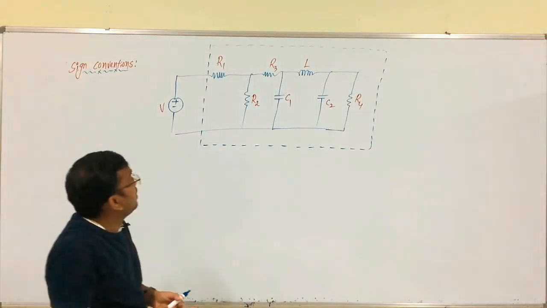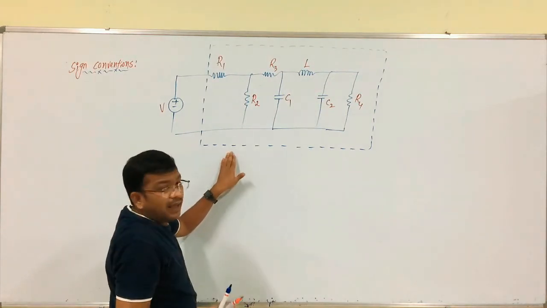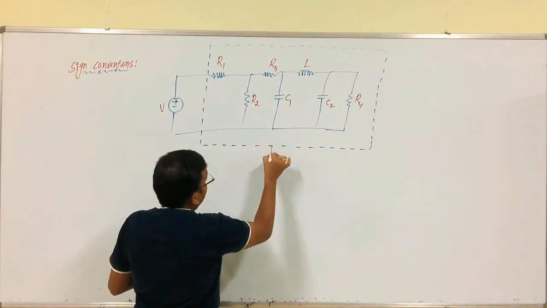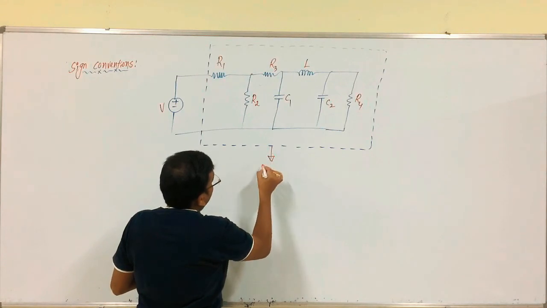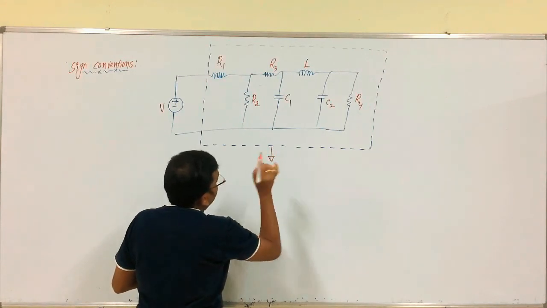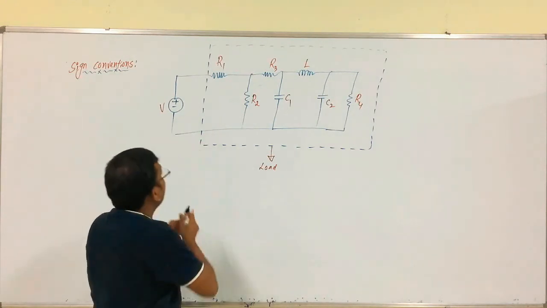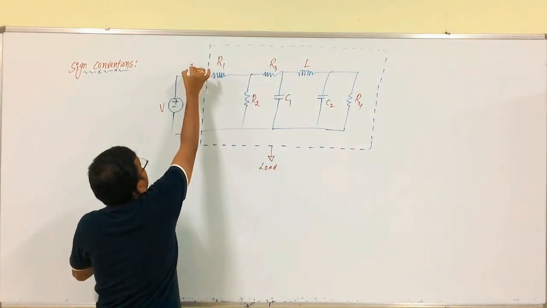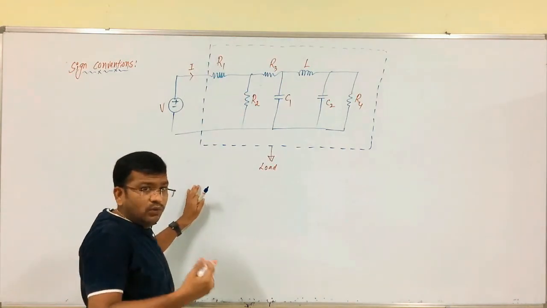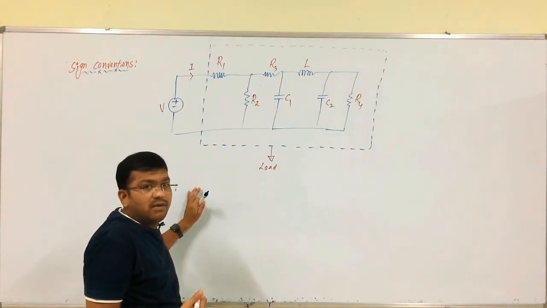So, here I am considering this block as a load. Why can it be called a load? Because the supply voltage can supply the current, or it can receive the power.